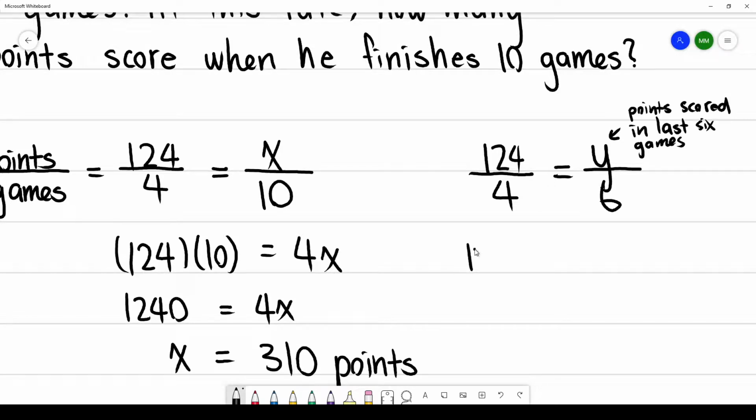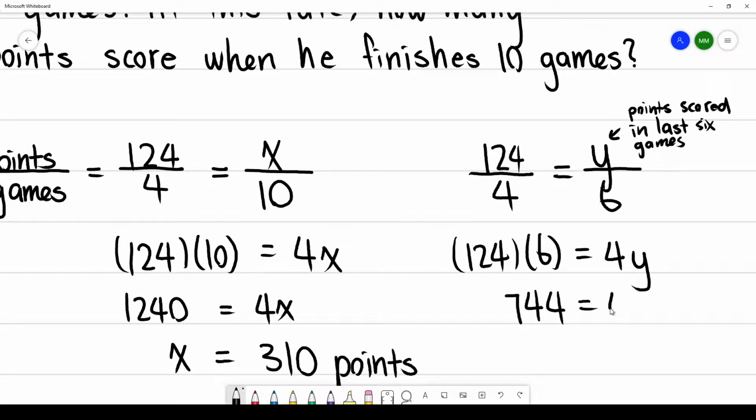So that will be 124 times 6 equals 4y. And 124 times 6 is 744, which is equal to 4y. And then y will be equal to 186.